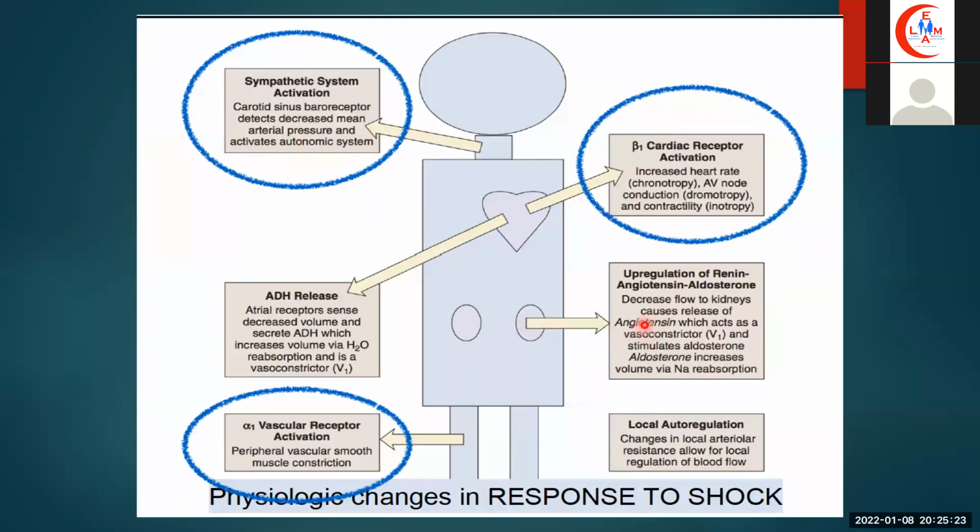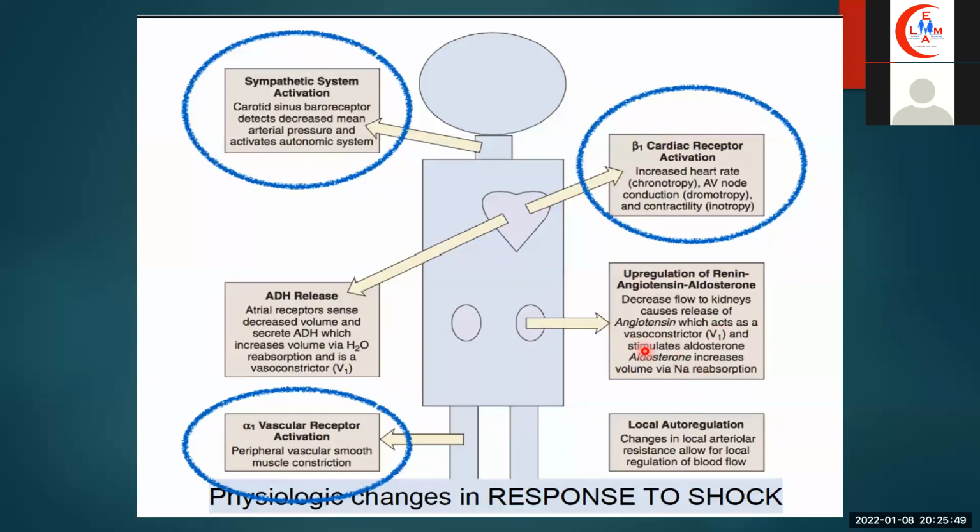They will increase renin and angiotensin 1 and angiotensin 2, and this also causes secretion of aldosterone, and aldosterone increases the absorption of sodium and water. So they try to compensate by keeping the blood volume by reabsorption of the sodium and water, and also cause vasoconstriction.